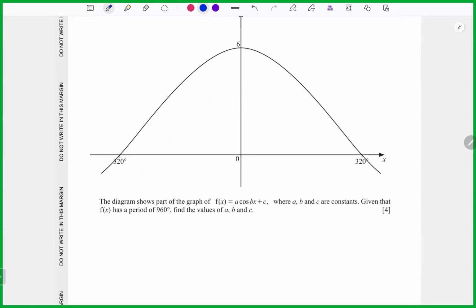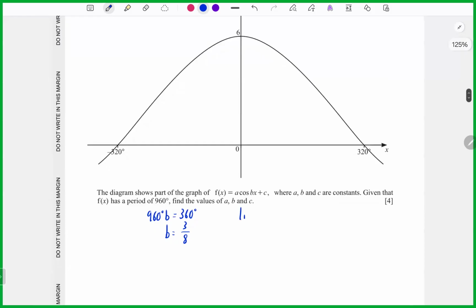Okay, so we can take b times 960 degrees equals to 360 degrees, so you will get b equals 3 over 8. Why?